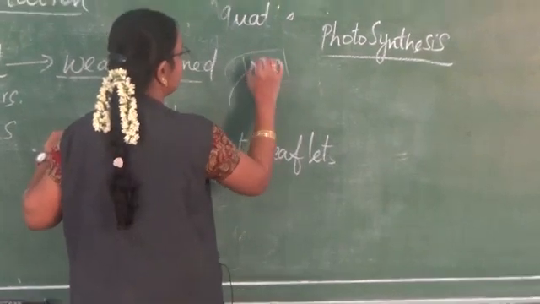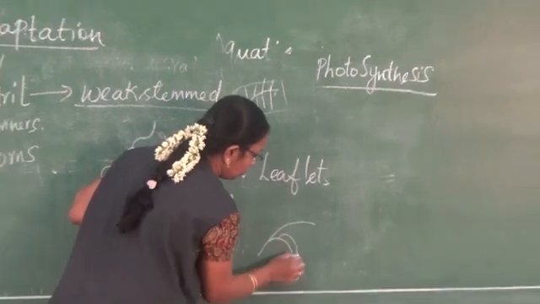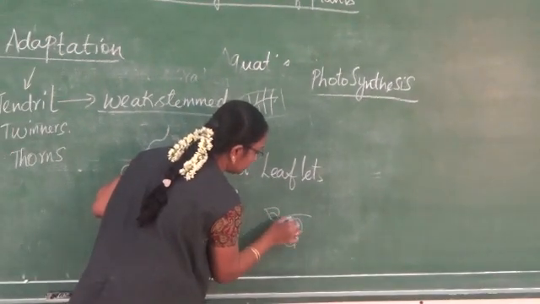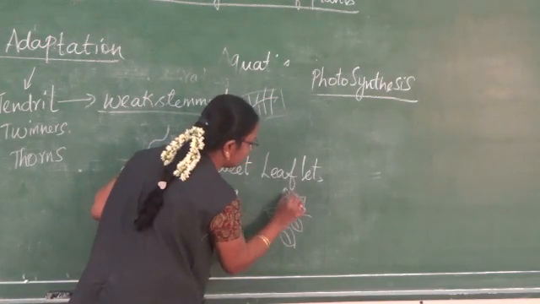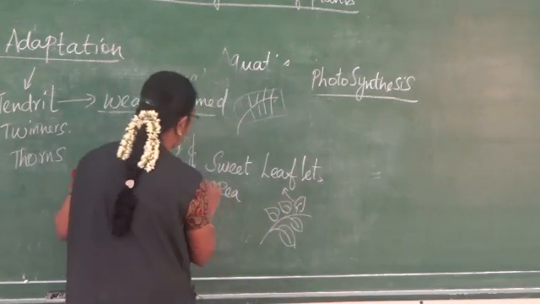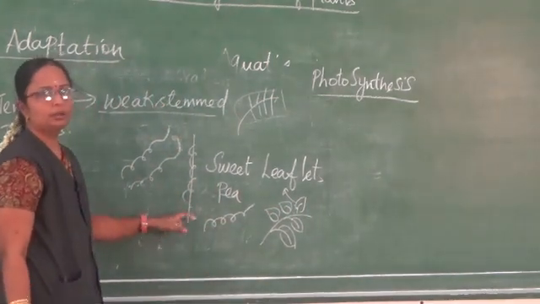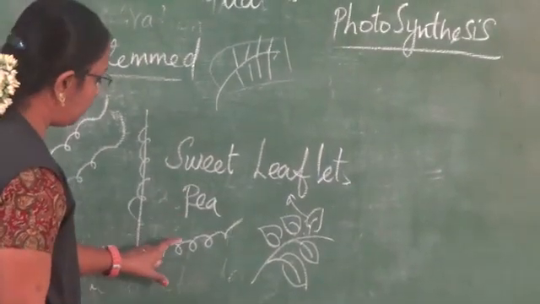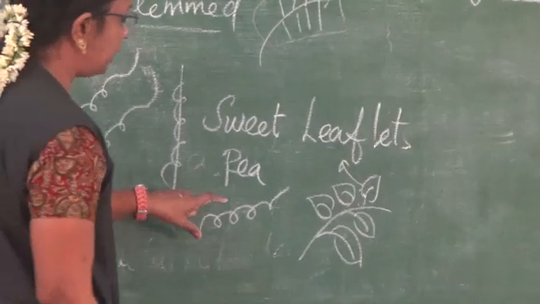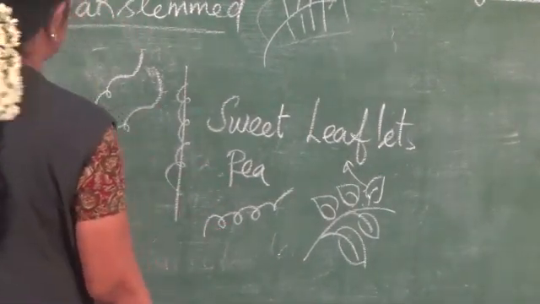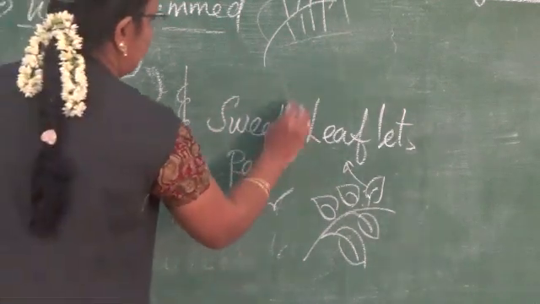In banana we can see the single leaf, but in some plants we can see the leaf like this. So that is known as compound leaf, and each leaf is known as leaflet. This leaflet is modified into a tendril like this structure. In order to climb, with the help of this tendril, they climb on other plants, and then they live. So this is known as tendril. In sweet pea, we can see this type of modification.